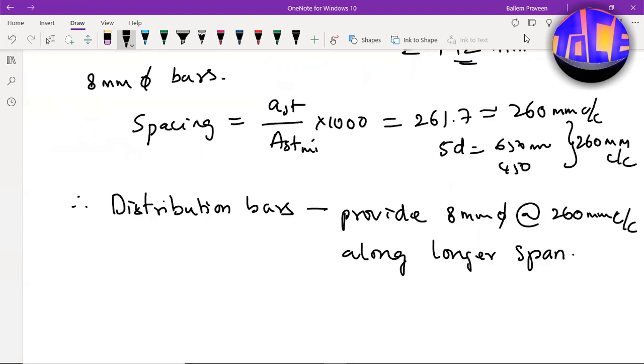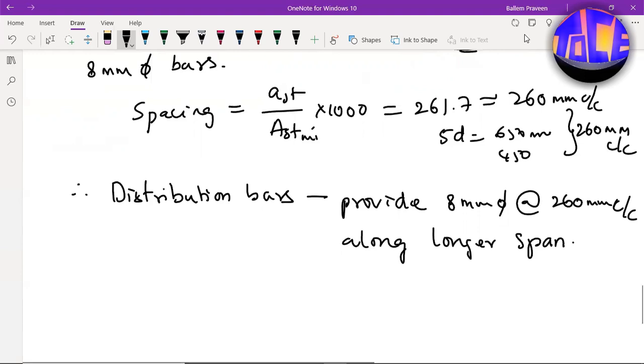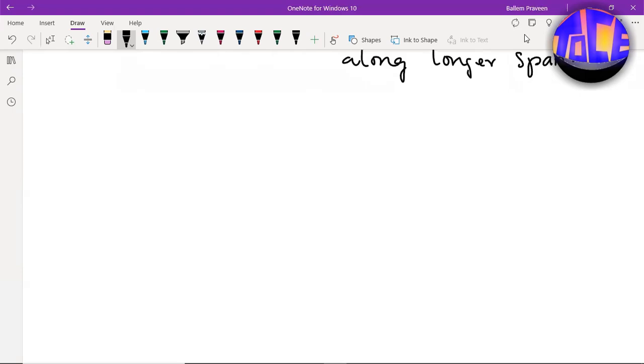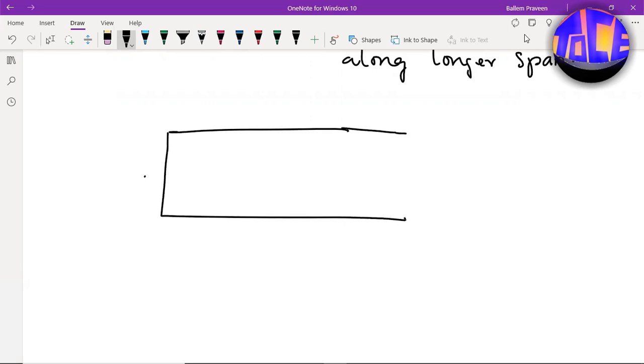Okay, so with that, we have calculated all the required reinforcement along the shorter span and longer span, and you can draw the relevant diagram to this. So if this is your slab, along the shorter span you have to provide main reinforcement, something like this.